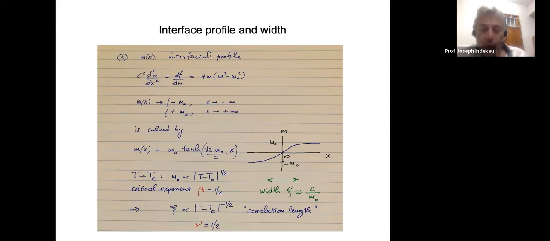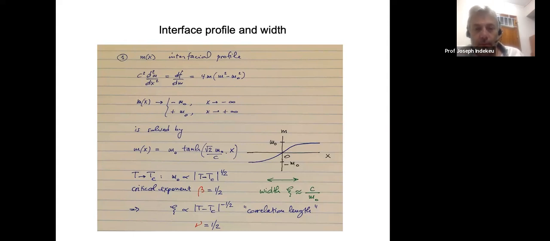Or you could say, if you refer to the Ising model, that m0 refers to the spontaneous magnetization in zero external field. And so we figured out that the width of this interface is proportional to the inverse of this spontaneous magnetization value, and therefore the width of the interface will grow indefinitely as we approach the bulk critical point.